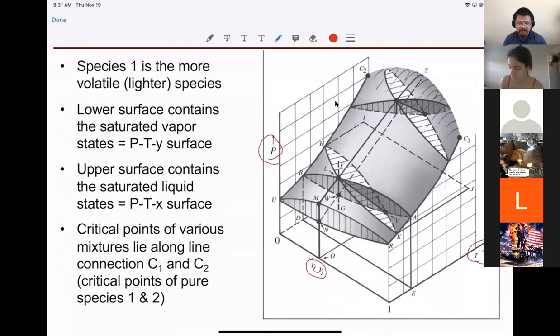As I have on the left-hand side for the nodes, you can see that for the first node, try to check the facts. We have the species. So here is the pure species 2, because x1 goes to 0. Here is the place for pure 1, because x1 goes to 1, right?